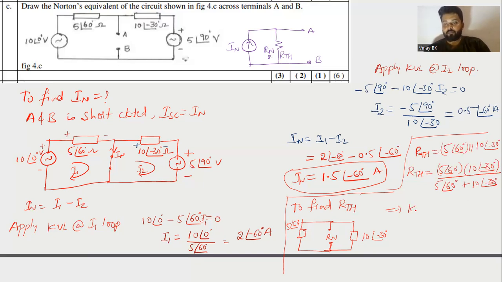So that I can get the value of RTH or Rn as, give me a second, 5 at an angle of 60 into 10 at an angle of minus 30 divided by 5 at an angle of 60 plus 10 at an angle of minus 30.